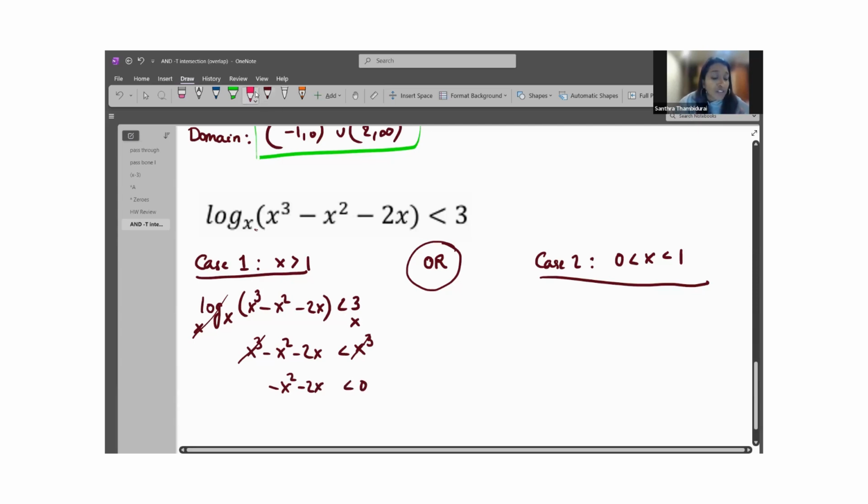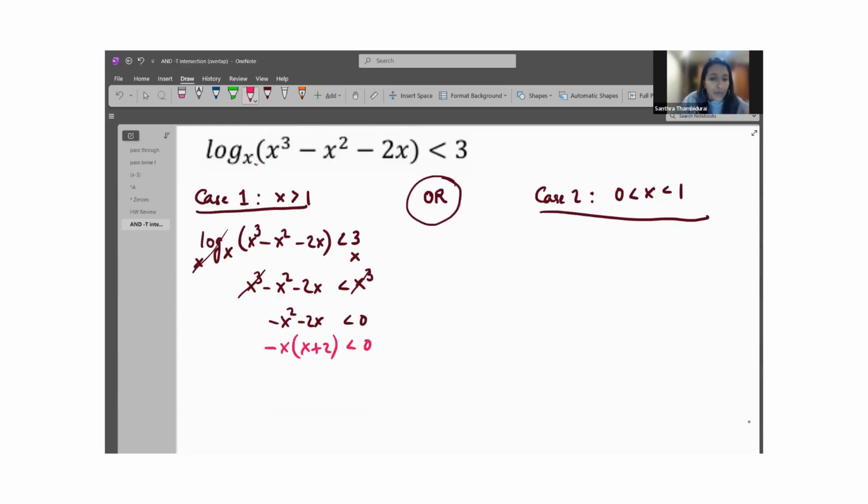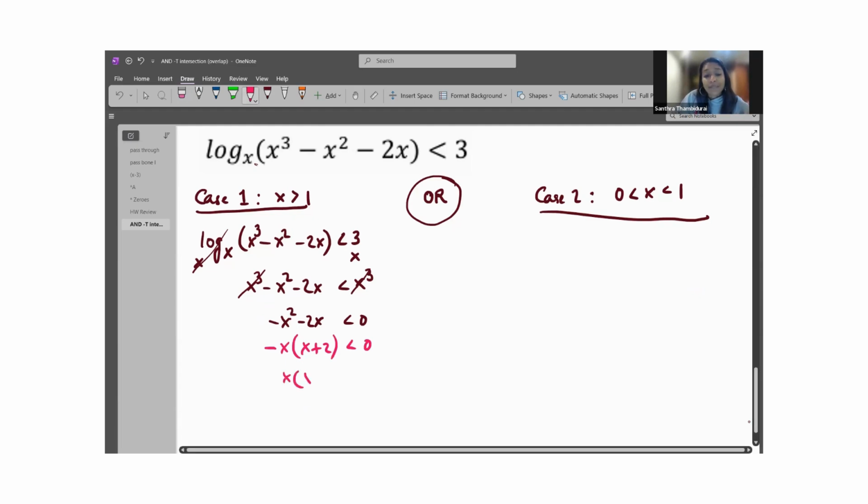And now this is very tricky. You need to make these positive. There is a reason for that, because if you don't make it positive, let's say you take the negative x out here, you're going to get x plus 2 less than 0. The problem is your answers will be wrong, because if you multiply by a negative on both sides, you're going to get x times x plus 2 is greater than 0.